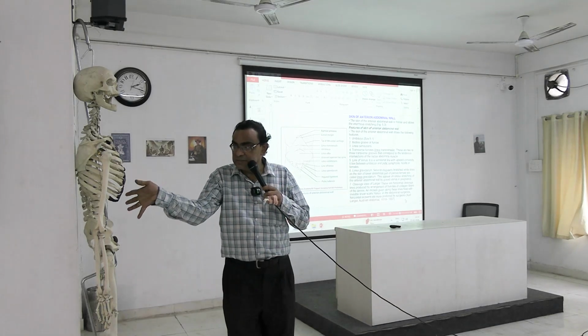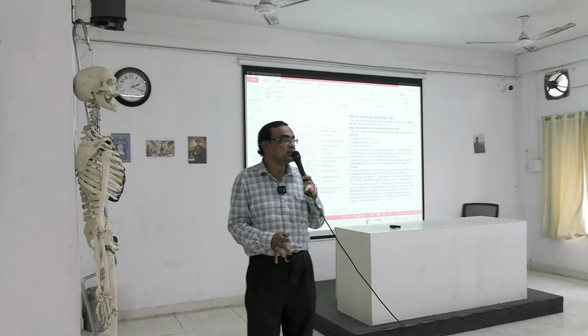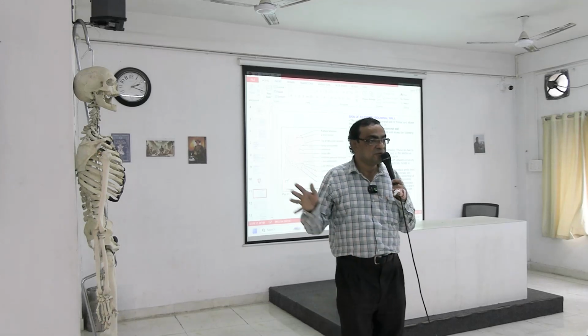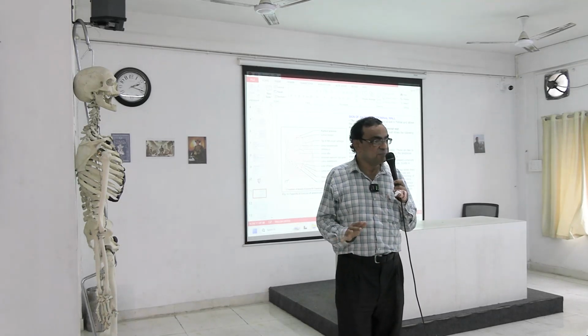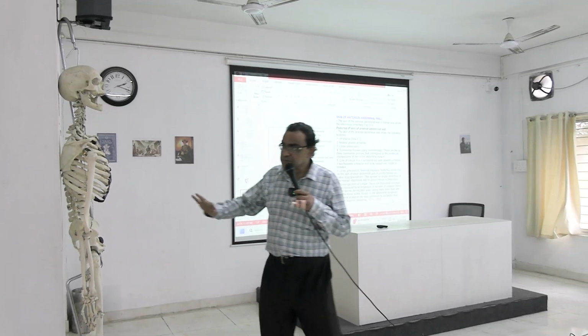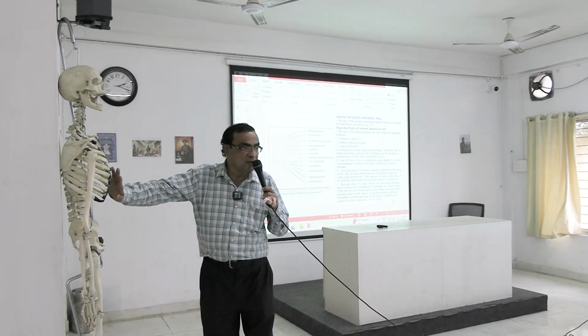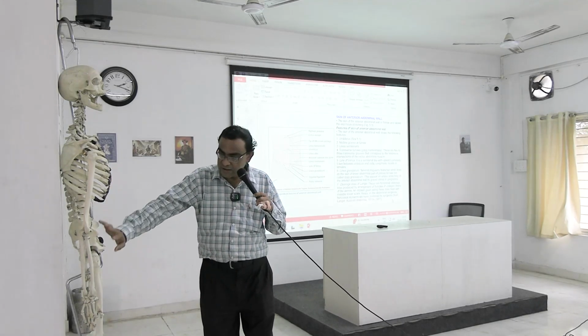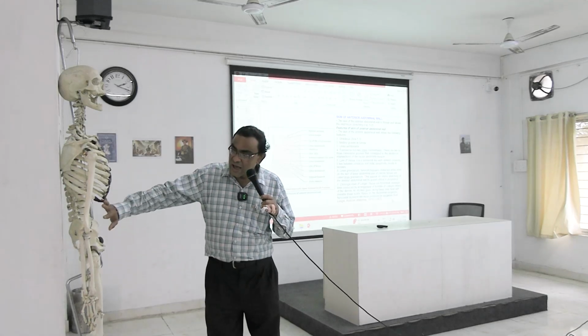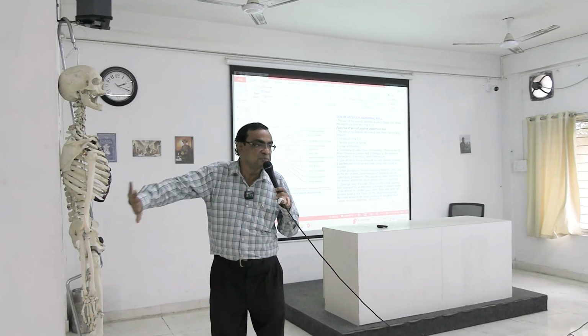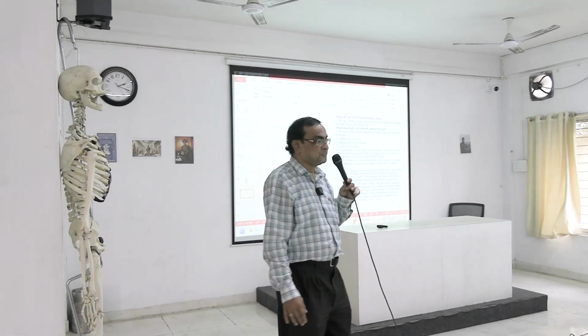In the internal oblique, the fibers are directed backwards and laterally. The transversus abdominis muscle takes origin both from the ribs and from the pelvis, and its fibers are directed transversely.